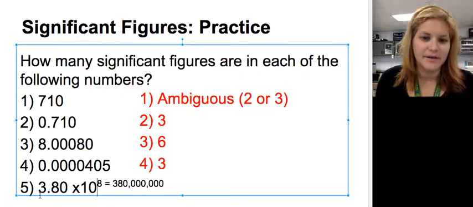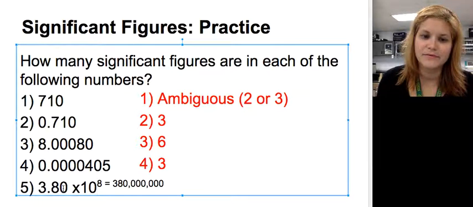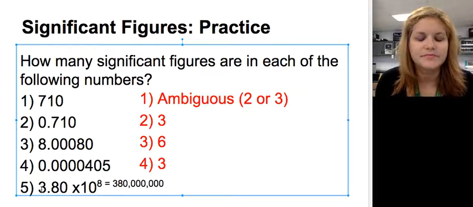Now our last number here, 3.80 times 10 to the 8th. Just as a reminder, what that would mean is 380 million. So we would move this decimal place over 8 places: 1, 2, and then add 6 more zeros.